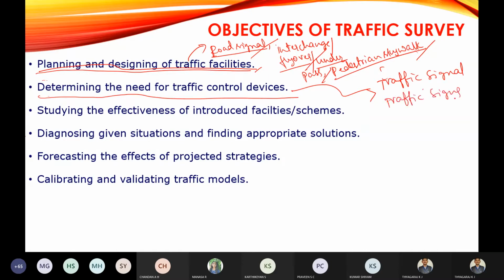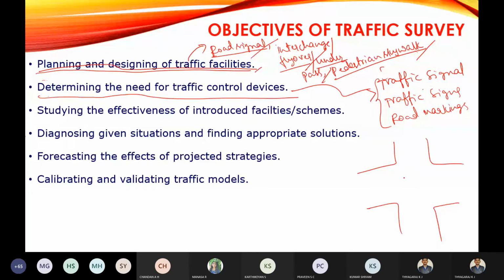Then road markings. So these are the 3 traffic control devices. So if we get the data from the traffic survey, for example, if you consider a road, a junction is there like this. So a junction is there.